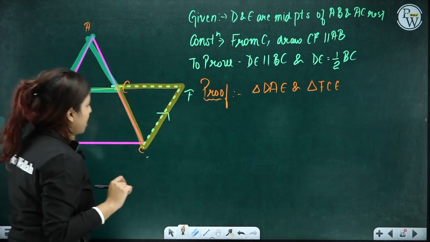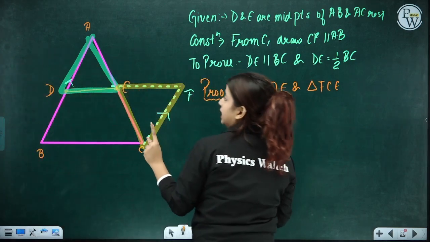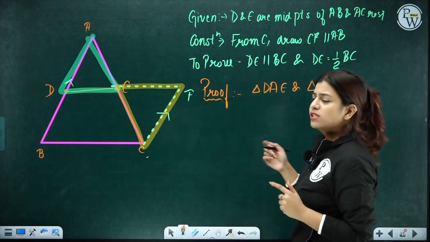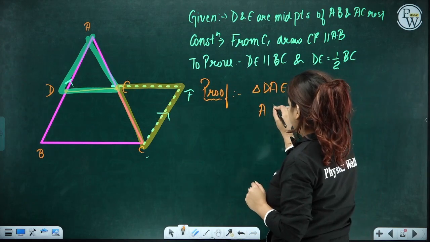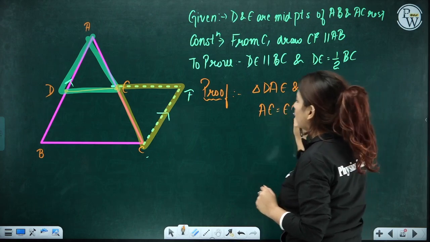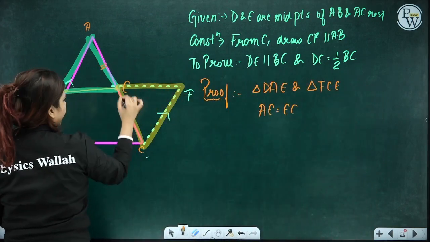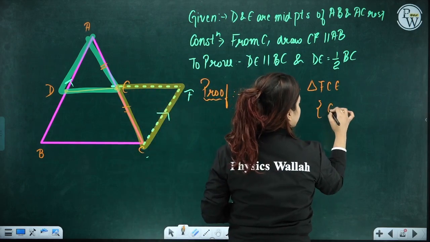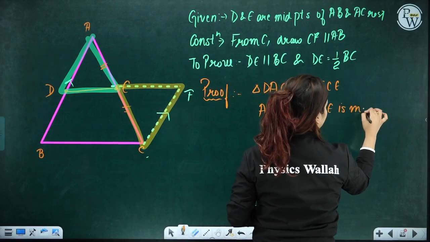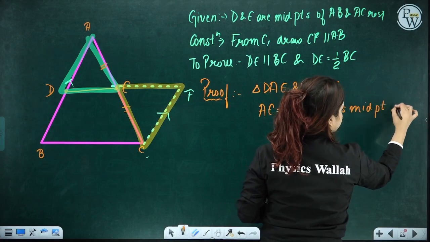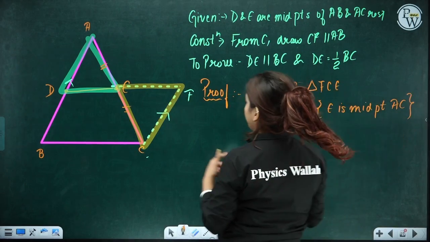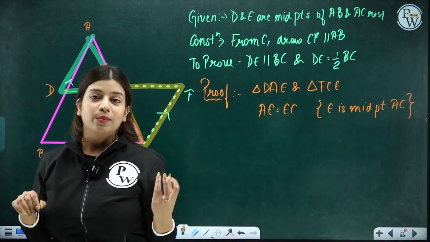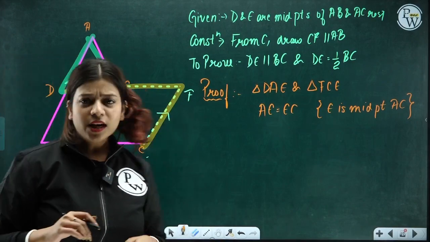All right. So very first thing, students, what we can say is AE is equal to EC. That means this side is equal to this side. Why can we say that? Because E is the midpoint of AC. What is E? E is the midpoint of AC, and since E is the midpoint, we can say AE is equal to EC.